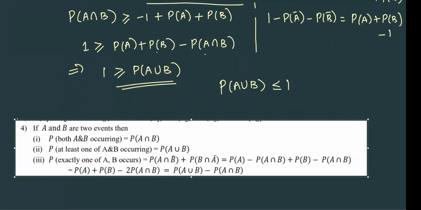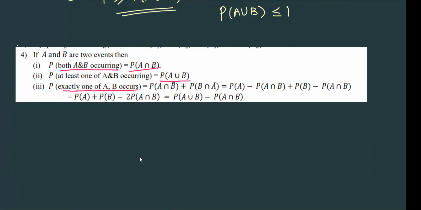So verbally, if we say that probability of both A and B occurring, it means P of A intersection B. Then probability of at least one of A and B occurring, it means P of A union B, right? For two events.